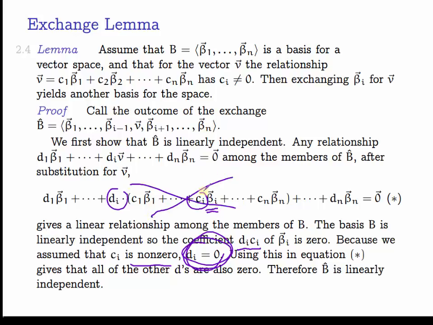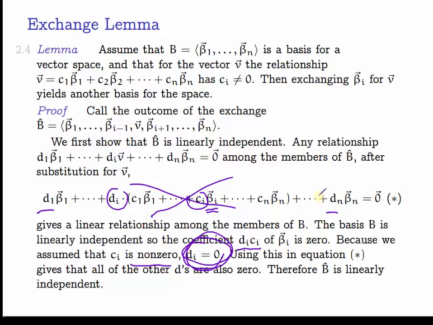Okay. But what about the rest of these terms? The rest of these terms is simply a linear relation among the different betas, except for beta i. That means that all these other coefficients of betas must be 0 as well.